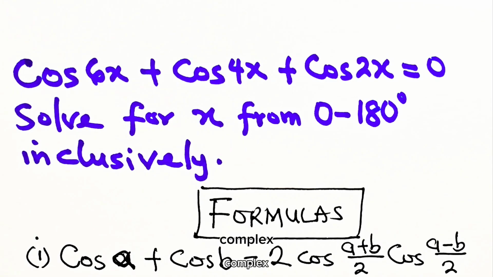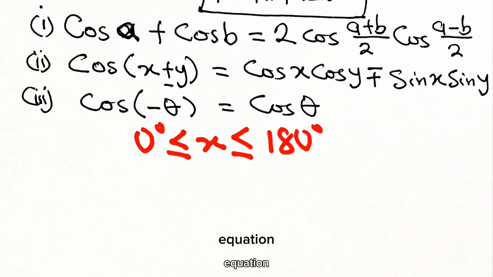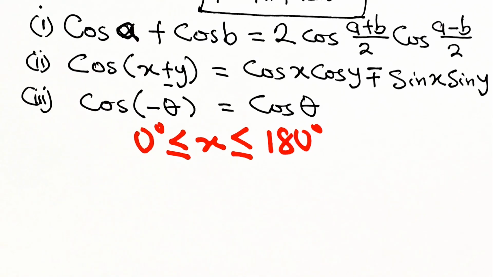So let's go into it. I looked at this, and all these coefficients of x are even. We have 6x, 4x and 2x, they are even.